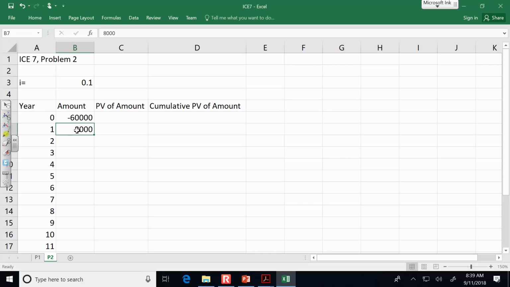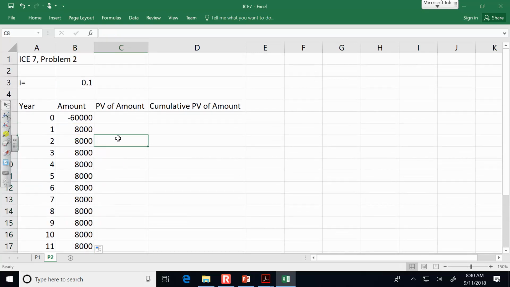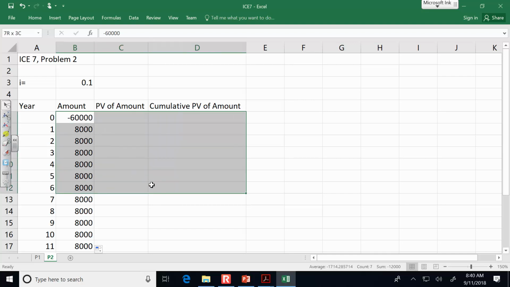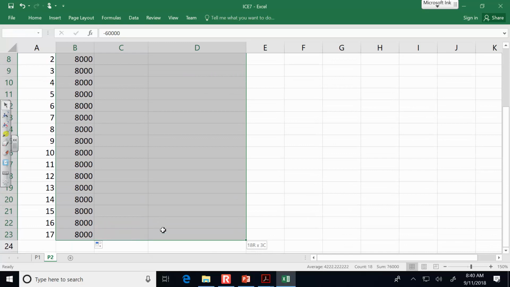All right. And then I'm just going to double click on that right lower corner to get it to fill in all the values as long as there's some number beside it. Okay. And I'm going to highlight all of these places where money is going to be and format it with the currency.